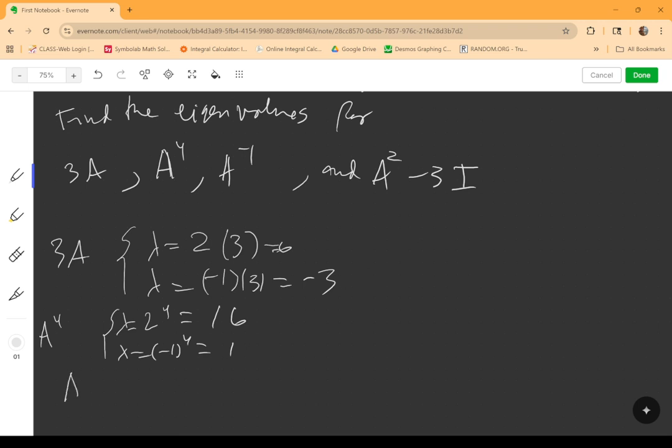Now for A inverse, here we're making the assumption, which is true, and in the next video we'll explain why, that this exists, and for that, the eigenvalues would be the reciprocal of the scalar, so 1/2, or -1, in this case.